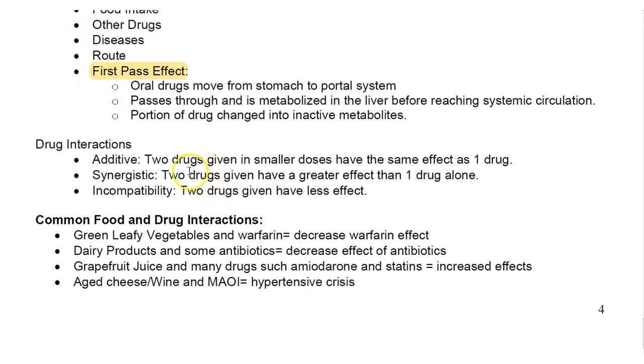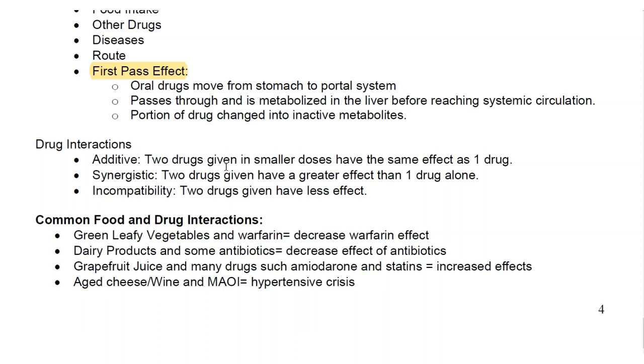Some medications can interact with food, as mentioned earlier. Examples of these are green leafy vegetables interacting with warfarin. Basically, green leafy vegetables decrease the warfarin effect, or the effect of the anticoagulant, which is known as a blood thinner. Certain dairy products and antibiotics. Some dairy products can actually decrease the effect of antibiotics. And grapefruit juice. One of the most commonly asked questions would be pertaining to grapefruit juice.